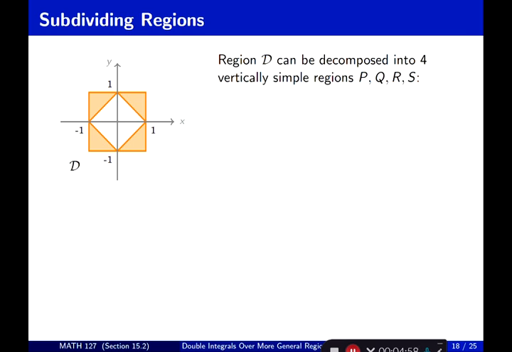More questions on dividing into simple regions. Are there regions that can only be divided into, let's say, 4 simple regions? Yes. Here's an example. As you can see, we have to divide this into 4 simple regions.